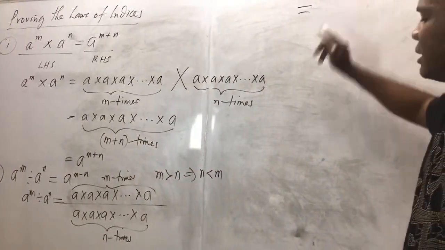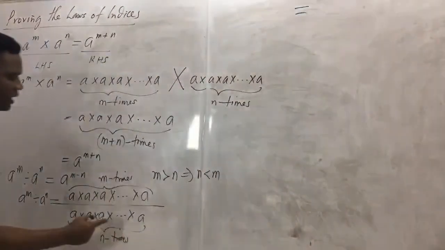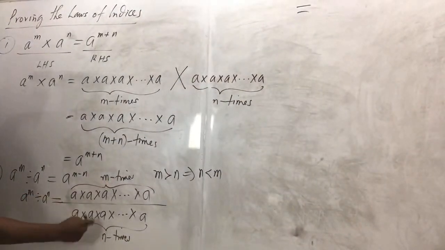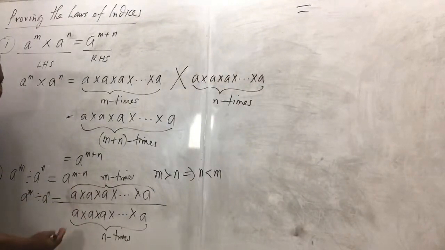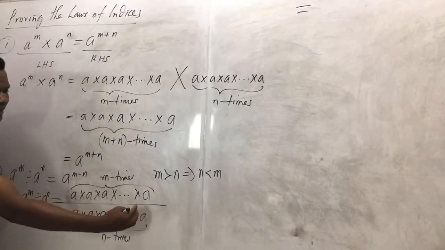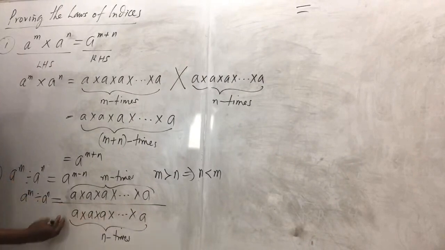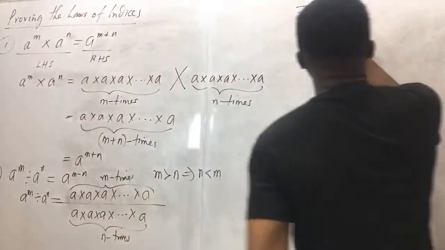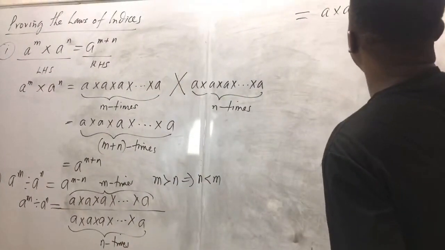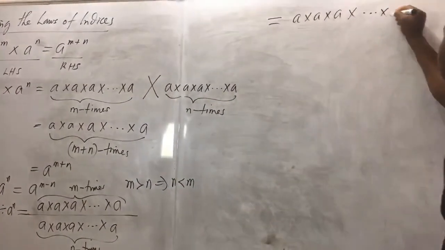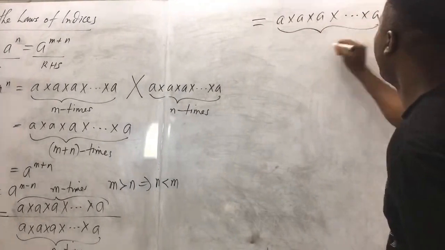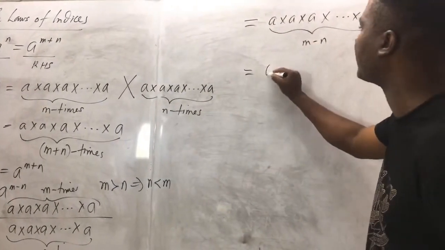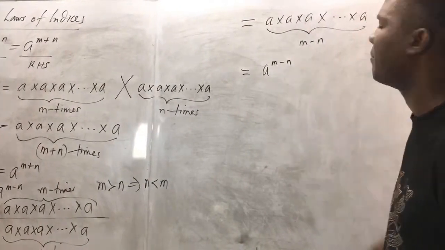If the m a's in the numerator are more than the n a's, then after cancelling out n a's from the m a's, you will be left with a times ellipsis a, a total of m minus n a's, and that would mean writing it as a raised to the power m minus n.